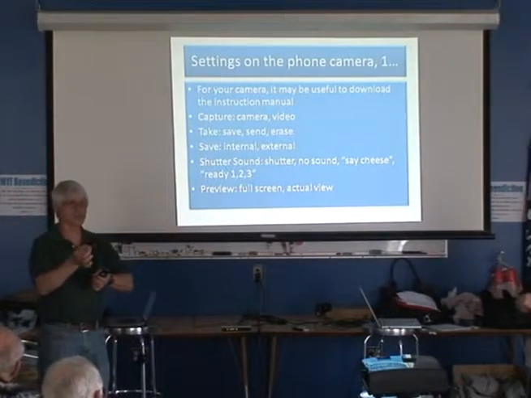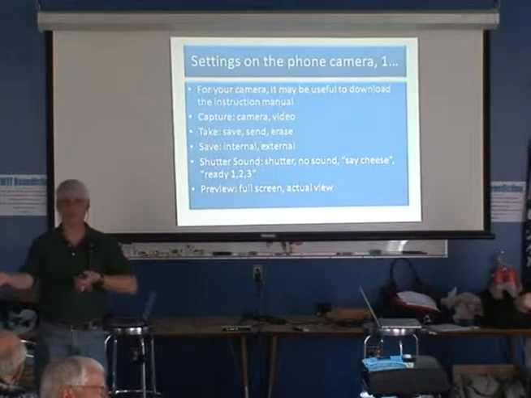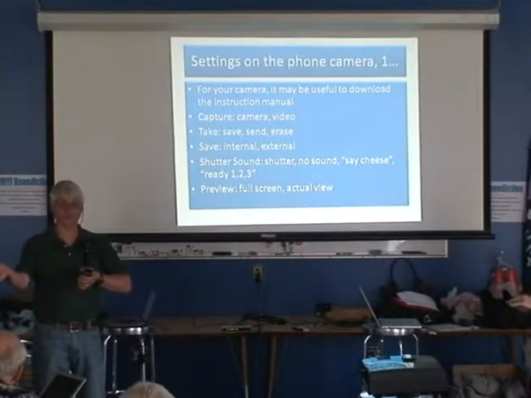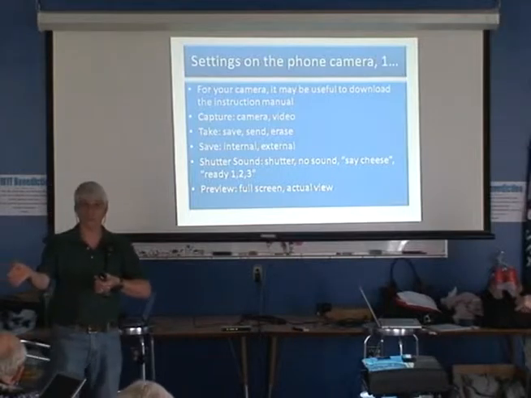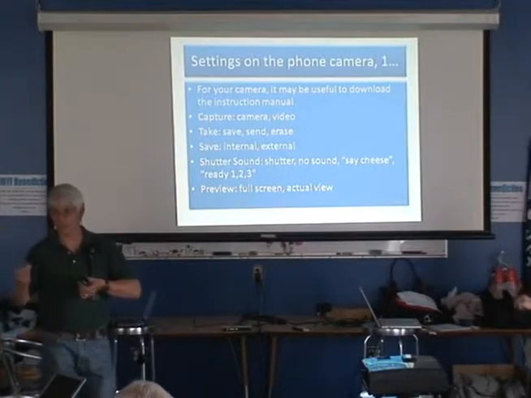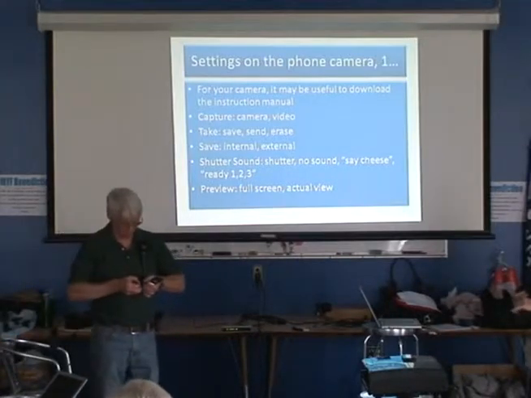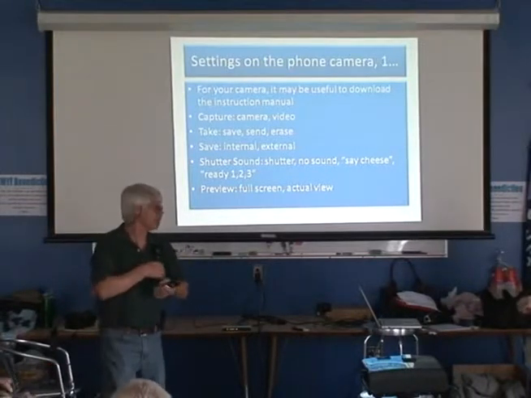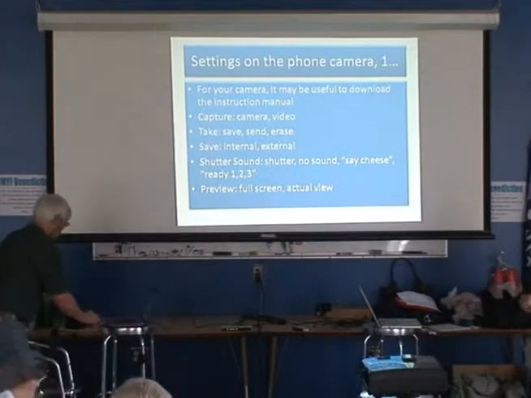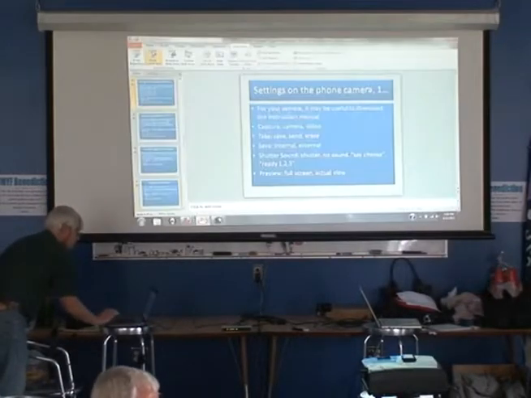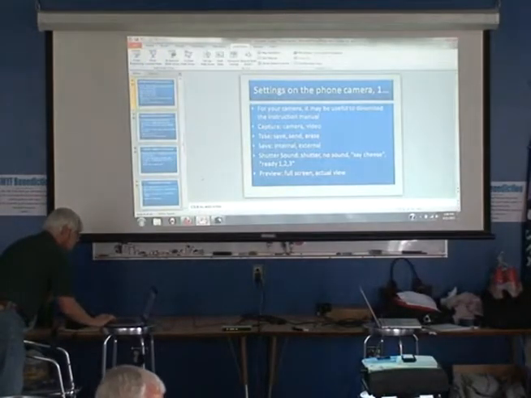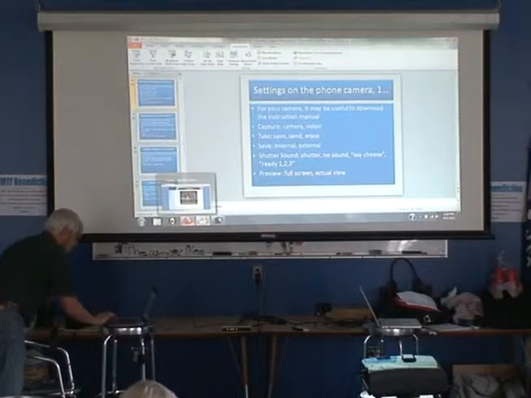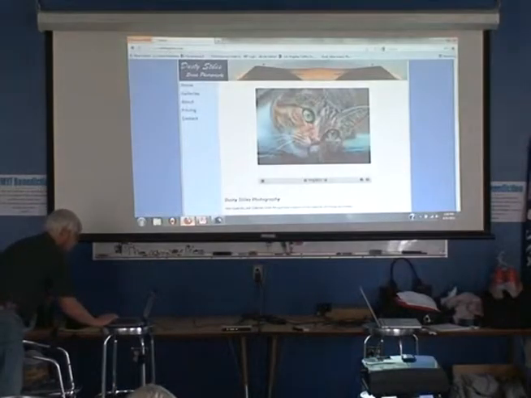The nice thing about the chip is you can put this in the computer and take them off your camera phone and then manipulate them from there. It's handy, and I have some samples here of it. That's the wrong one, sorry.